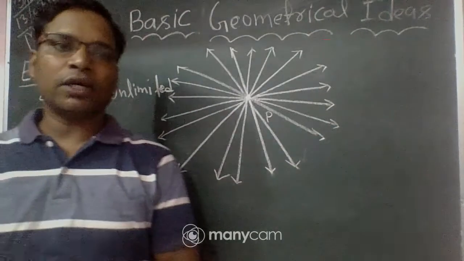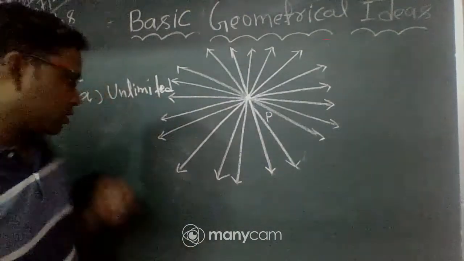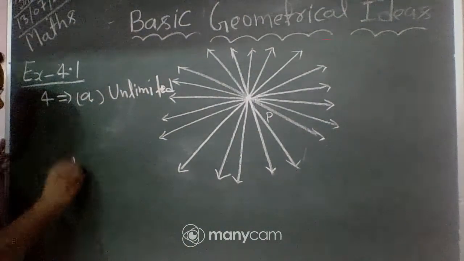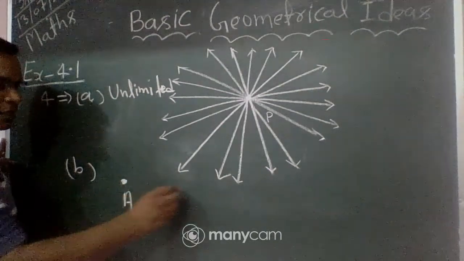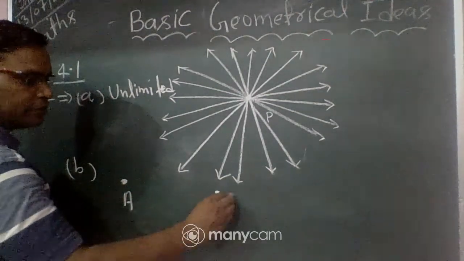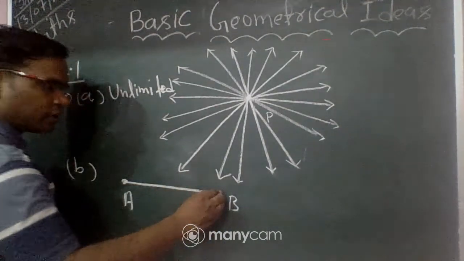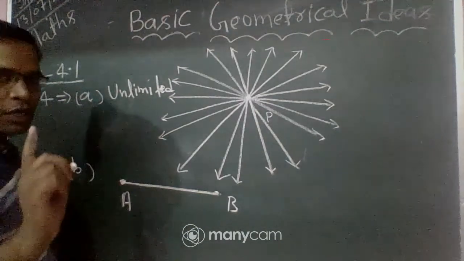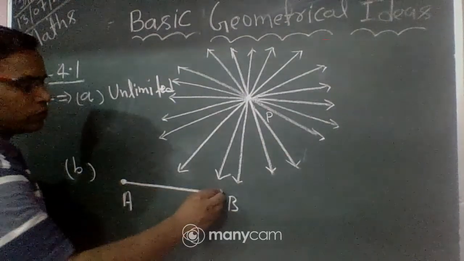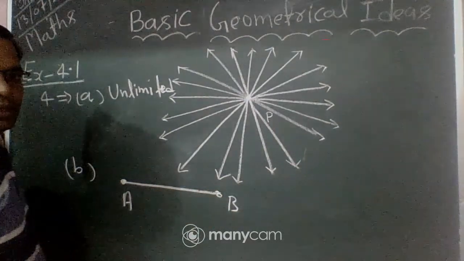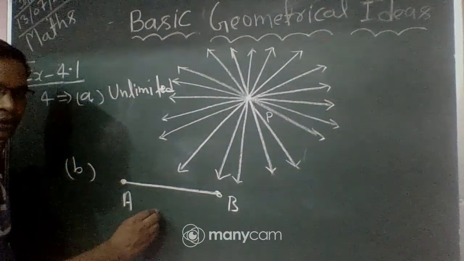And the next question is how many lines can pass through two given points? So part B, you can see here point A and point B. So you draw a line. How many lines can you draw? Only one line you can draw through two given points. So the answer is 1.